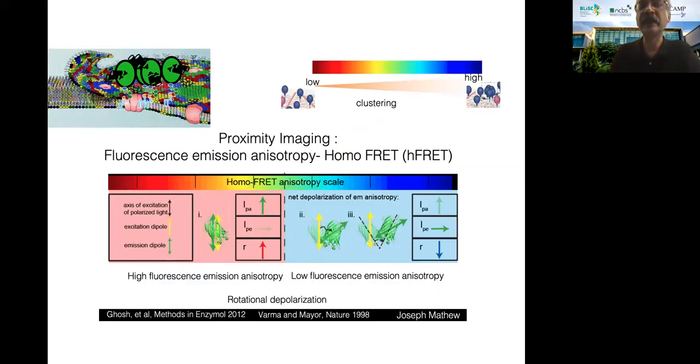And we used what I've been claiming that I'll tell you about until now. We used HOMOFRET as a way of determining the local organization of the GPI-anchored protein with respect to its neighbors. Because the argument about producing a raft is that molecules, if they are in a raft, will concentrate and jump into phase segregated patches, and therefore the proximity between these molecules should decrease.